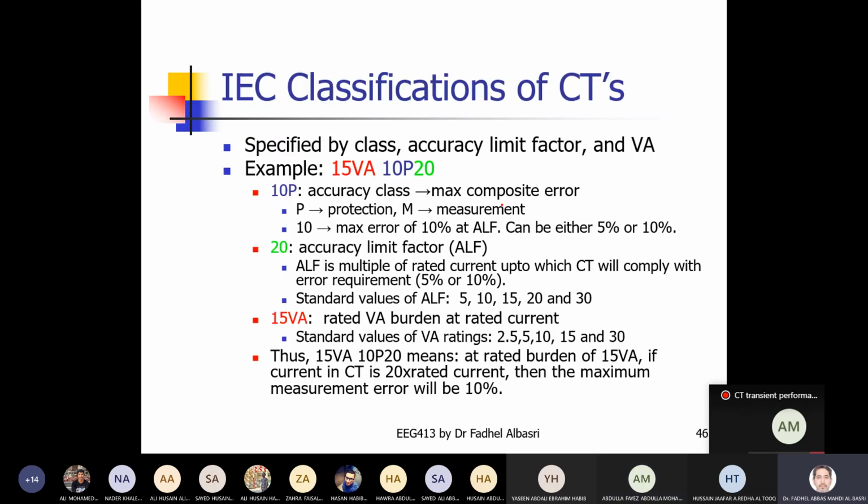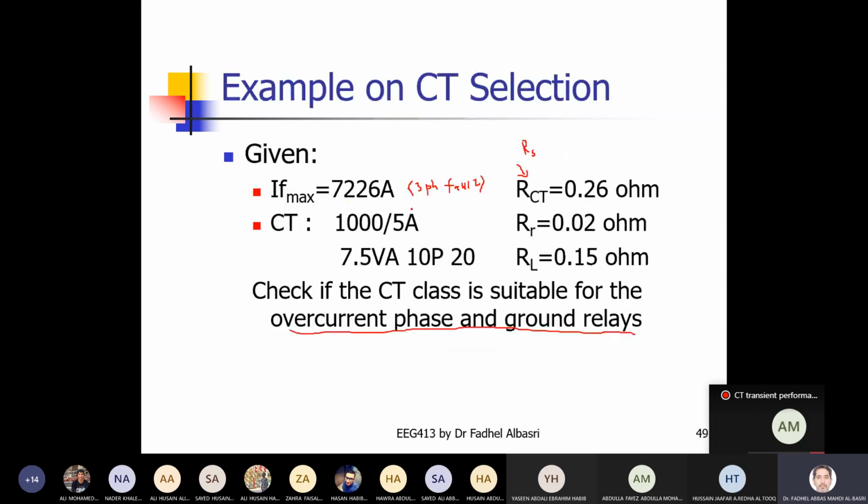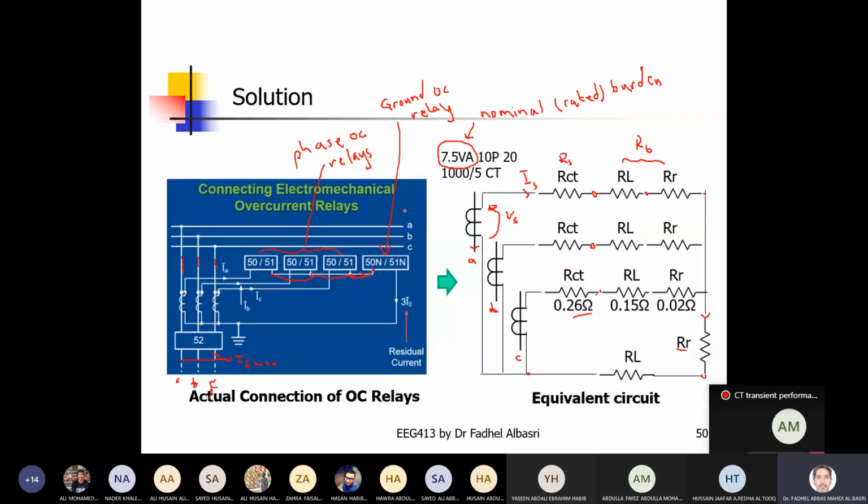But in IEC, they don't specify the voltage. They specify a maximum limit factor and the rated burden, and you calculate the voltage class according to these two numbers. But I can compare the voltage at the knee point of that CT, either at the burden, the two voltages, my limit and what's actual, or at the secondary here.